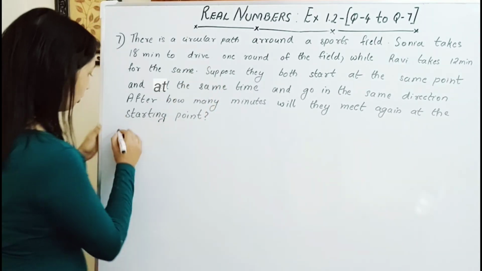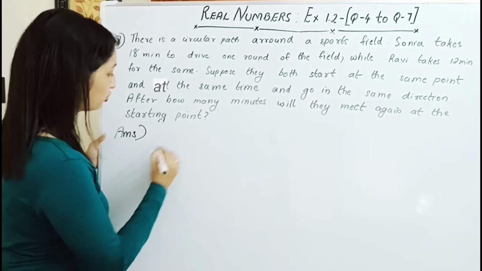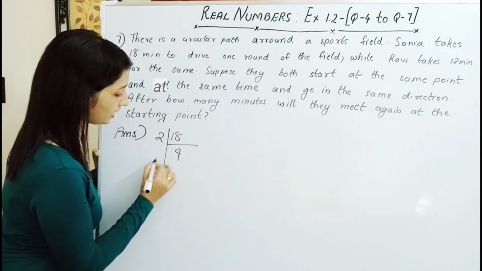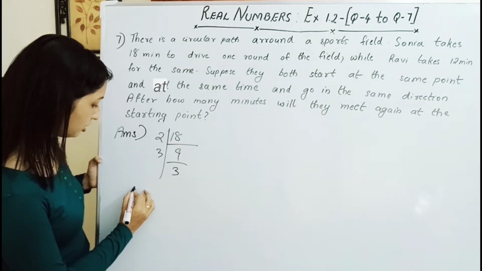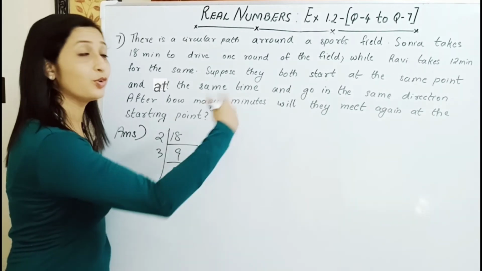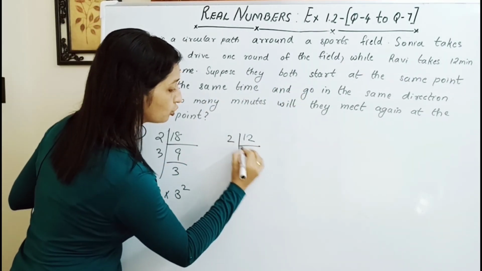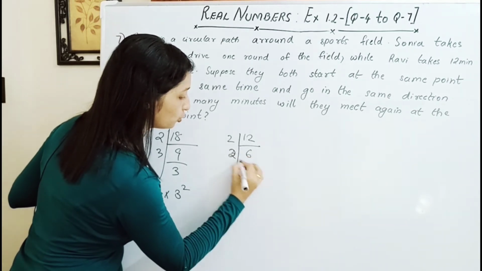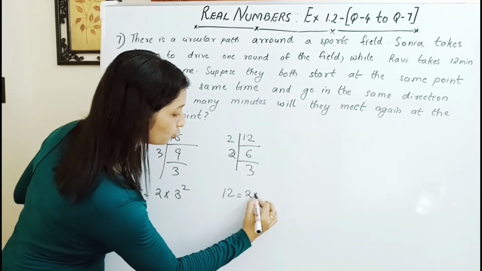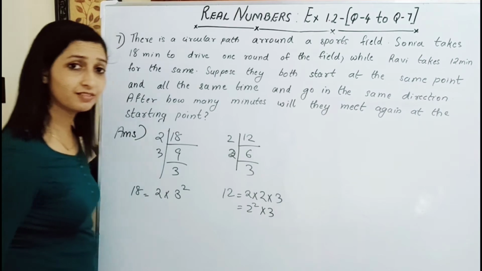So let us find out the LCM of 18 and 12. So first let us prime factorize 18, which is 2 9s are, 3 3s are. So 18 you can write as 2 into 3 square. Now next let us find out the prime factorization of 12, which is 2 6s are, 2 3s are. So you can write 12 as 2 into 2 into 3, which is 2 square into 3.